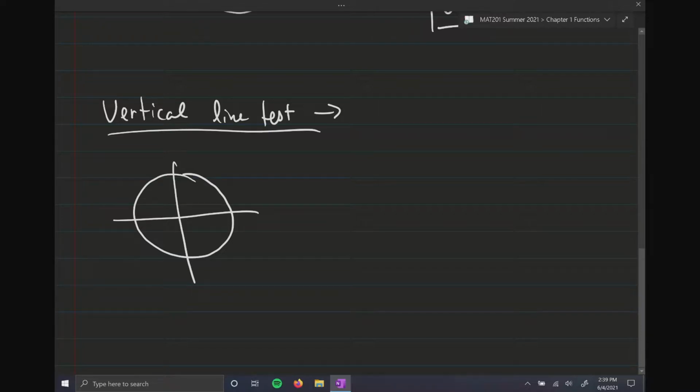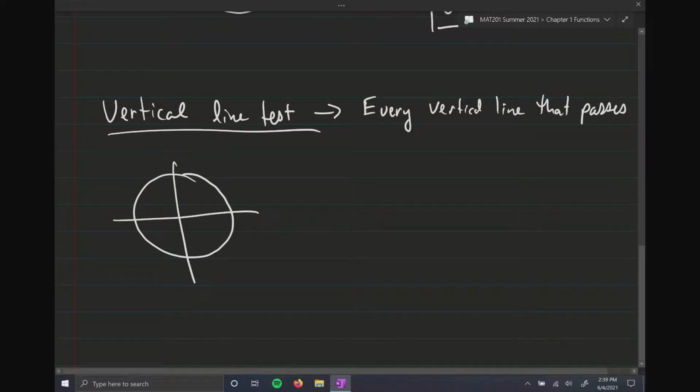And the idea behind it is every vertical line that, you know what, let's use the word intersect. Every vertical line that intersects the graph only once is a function.